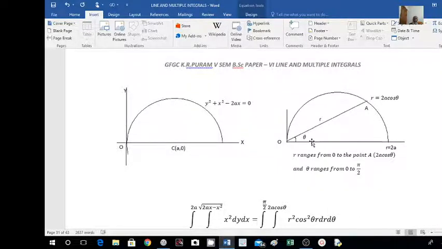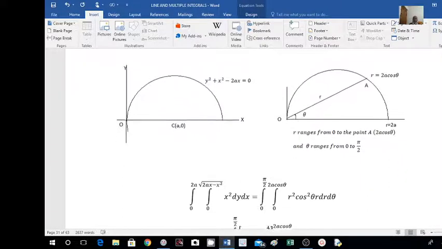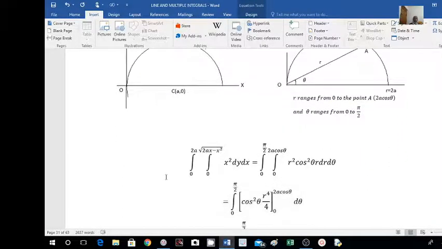That is, theta ranges from 0 to pi by 2, r ranges from 0 to 2a cos theta. So these are the limits. Now we write here: x ranges from 0 to 2a, y ranges from 0 to root of 2ax minus x square, x square dy dx.